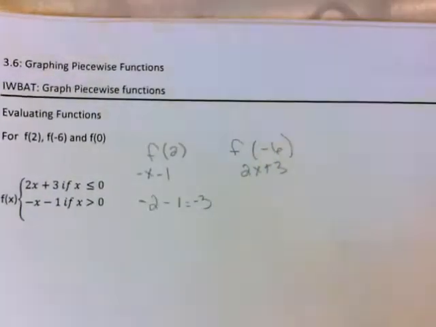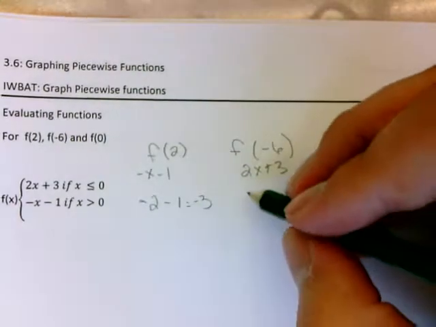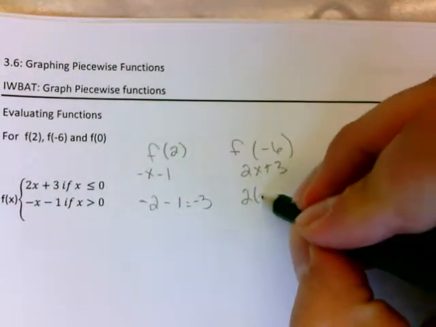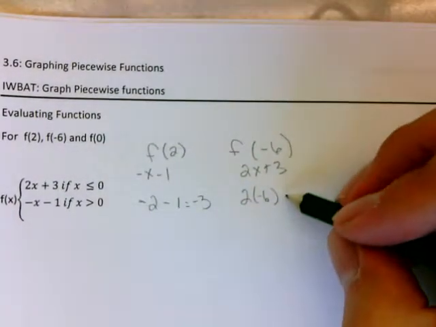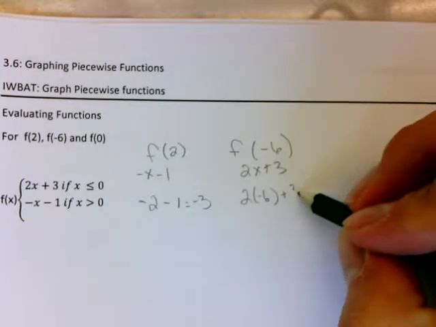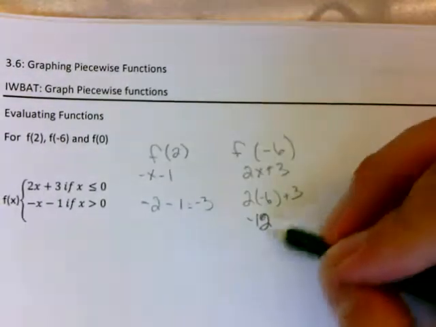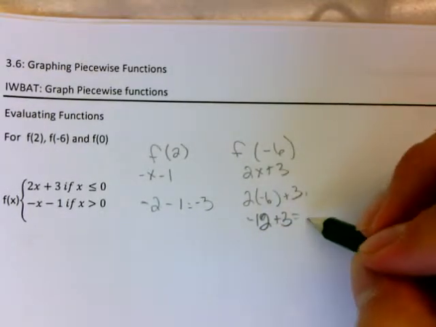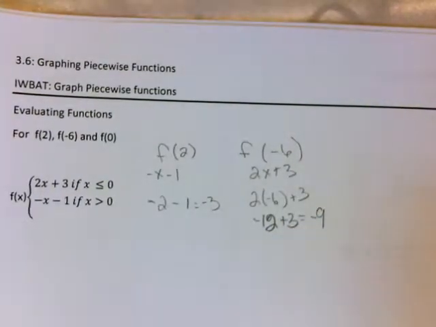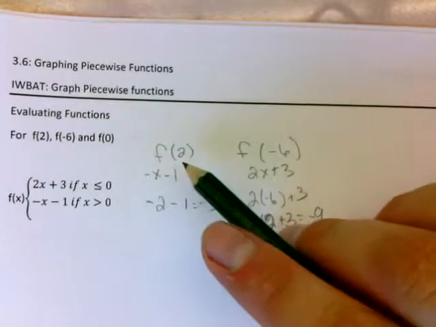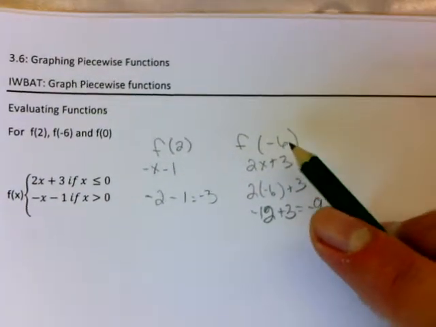We replace every instance of x with negative 6. So it becomes 2 times negative 6 plus 3, which is negative 12 plus 3, which equals negative 9. So that's f of 2, that's f of negative 6.